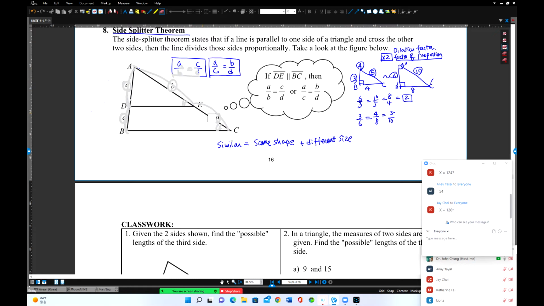Why does this theorem work? Take a look. We're going to extend this one and make a parallel here. This is a parallel. We did this already. This is a parallel, so this angle equals this angle, right? This angle is equal to this one because they are corresponding angles.